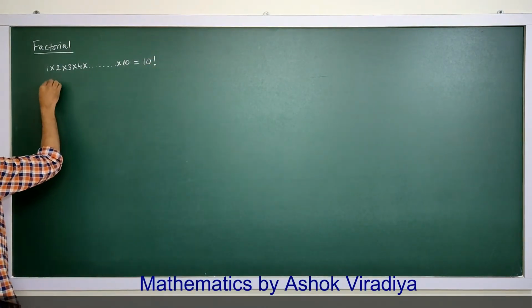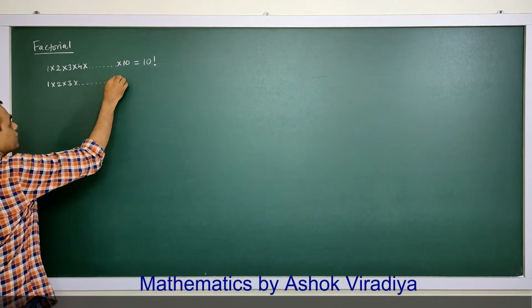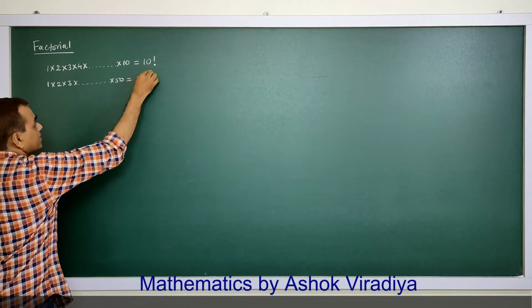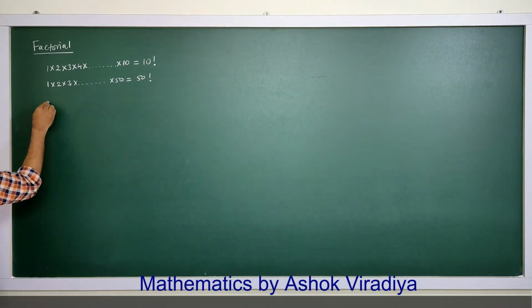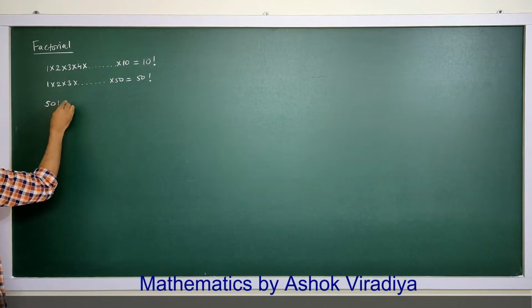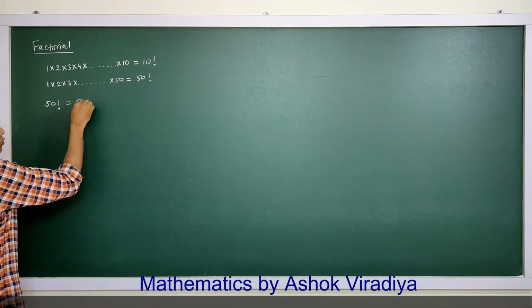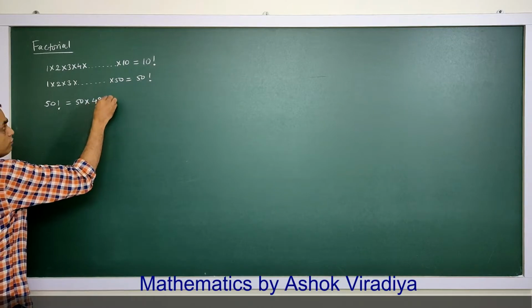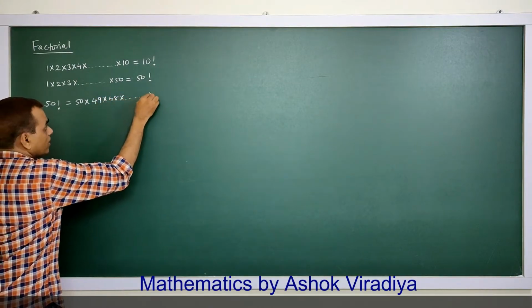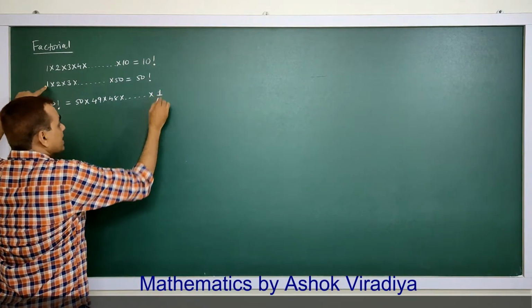If I give here the product of 50 natural numbers, then this is written as 50 factorial. Now see this statement I am explaining: 50 factorial is 50 into, taking in reverse order, 50 into 49 into 48 into, taking in reverse order, the product is up to 1.